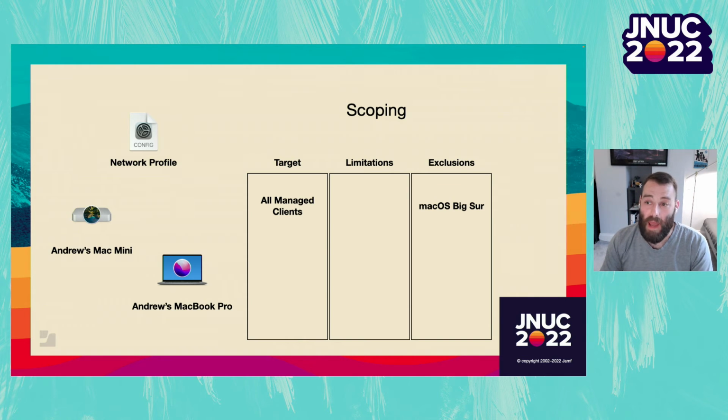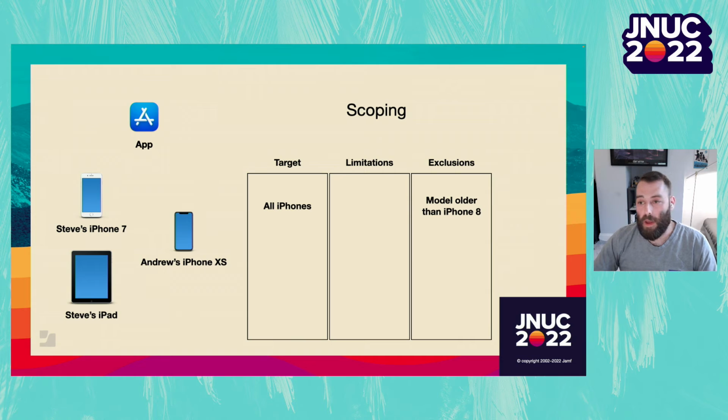So this is also dynamic in this case. So if our Mac Mini upgrades to Monterey or indeed to Ventura, the next time Jamf Pro collects inventory, it will send an update and it will distribute that profile to the Mac Mini. We're also going to go through an example here for mobile device scoping as well.